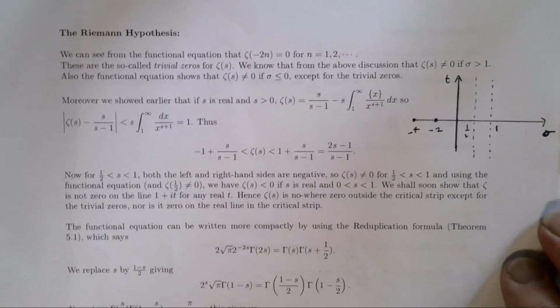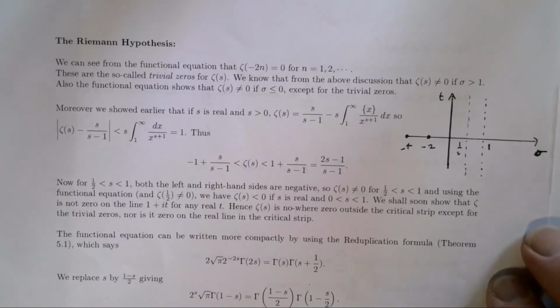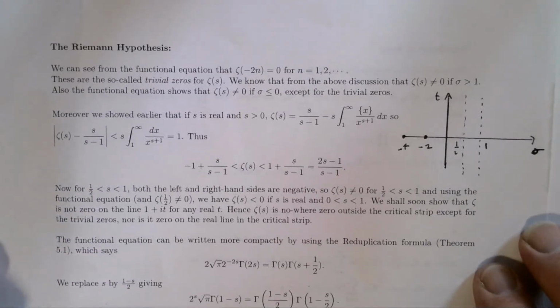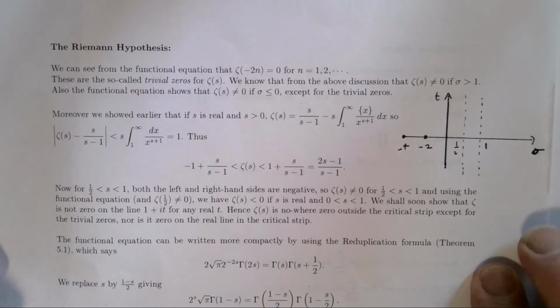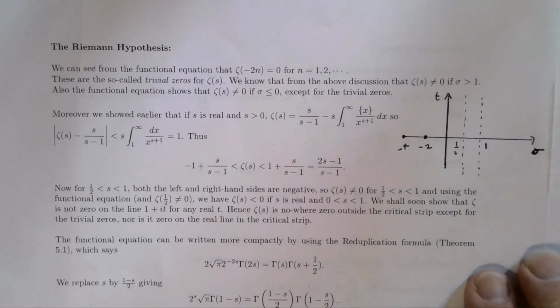Now this brings us to the so-called Riemann hypothesis, which is a big question in analytic number theory, and it has implications in lots of different parts of mathematics. It remains a very mysterious and very difficult unsolved problem that people have been working on for quite a long time without much success.